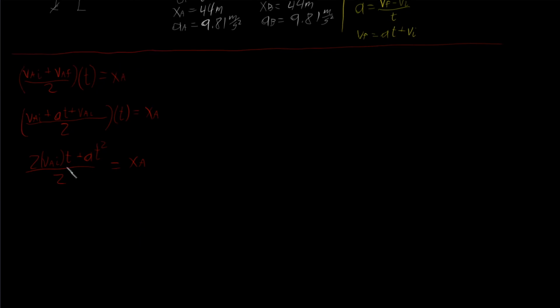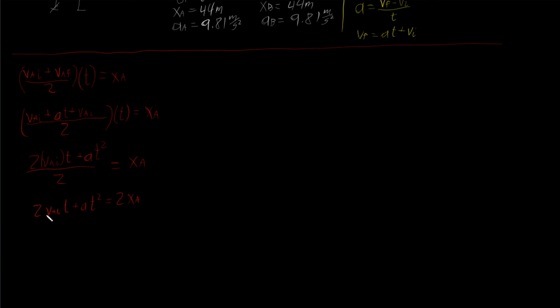So let's continue isolating for t over here. We could bring this 2 from the denominator here to the other side. Then we have 2 times the initial speed of stone A times t plus the acceleration of stone A times t squared is equal to 2 times the distance that stone A travels.